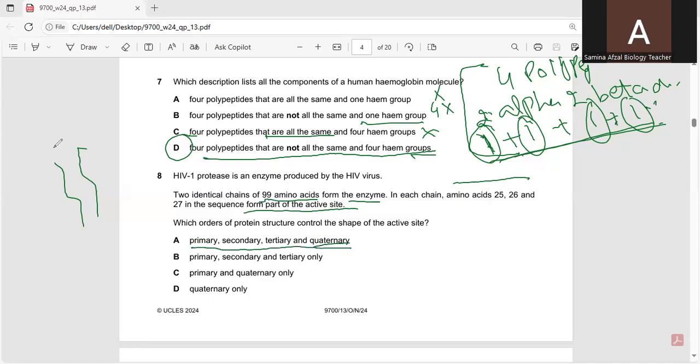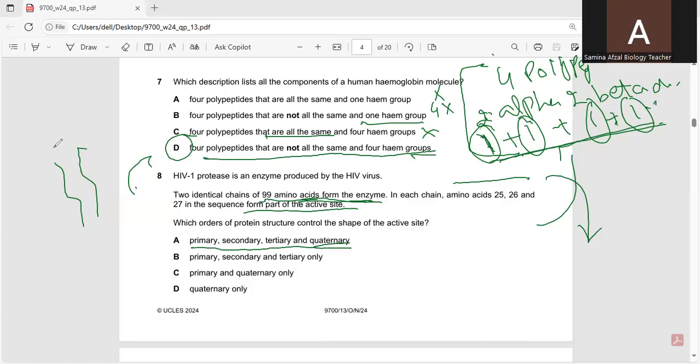So I have quoted the example of this. But in the next question, there is an enzyme. Enzyme is also a protein. Hemoglobin is a protein. Enzyme is also a protein. There are 4 chains, but here there are 2 identical chains.